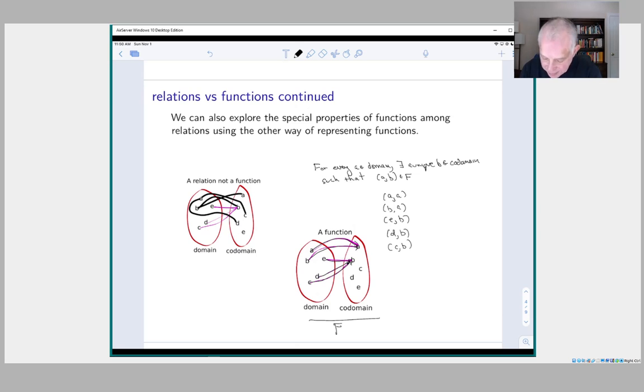Now, notice that some points in the codomain get used more than once. That's okay. The condition says just that if you fix the first coordinate, there has to be a unique value for the second coordinate. It doesn't say that for every value of the second coordinate, there's a unique element in the first coordinate.